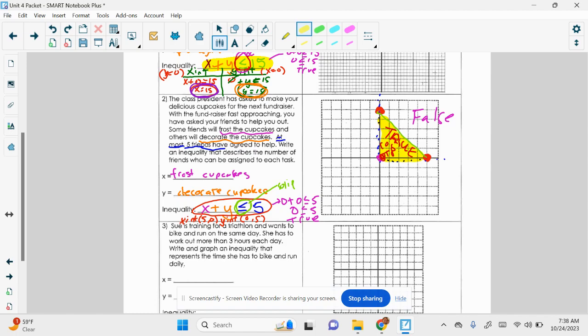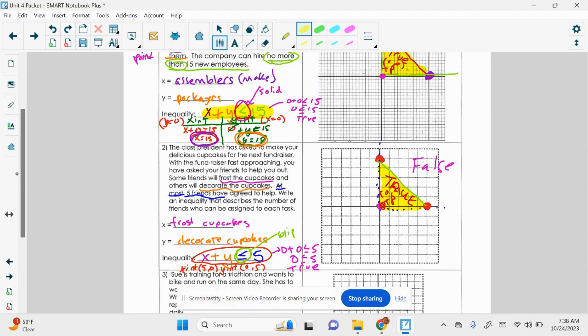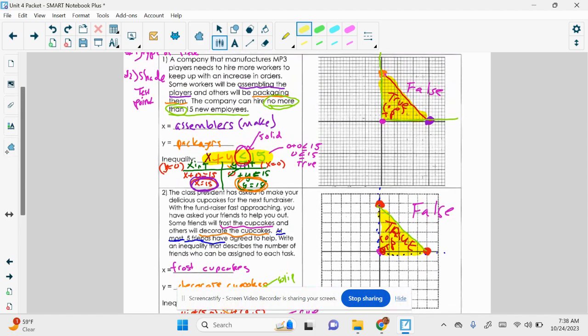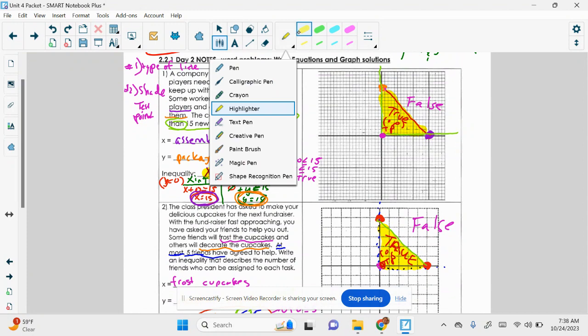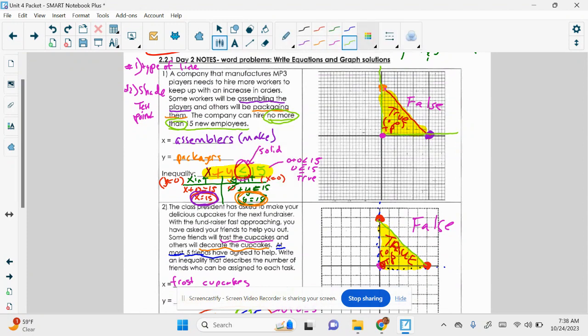Now, I do want to go back and talk about some of this because I'm not going to do another one, but I do want to talk about this. So when we were graphing linear equations, we didn't shade, and we didn't have to worry about the line. But what I want you to understand is that now that we have a shaded area, our answer is not just the line, but our answer can be anything inside this shaded area.